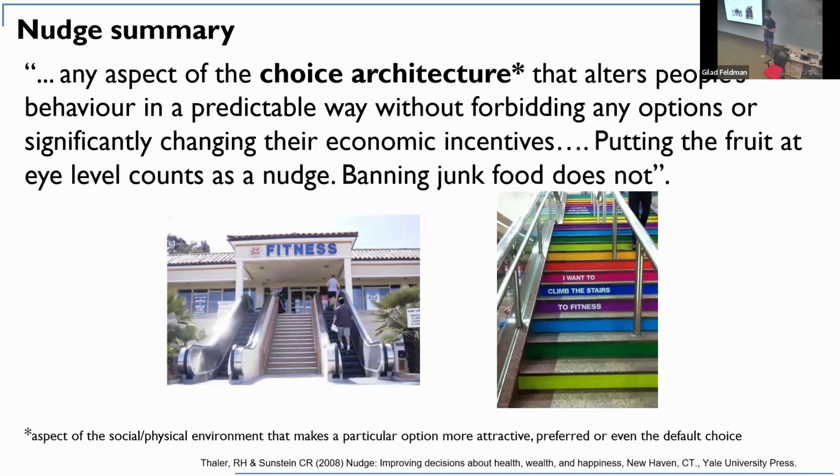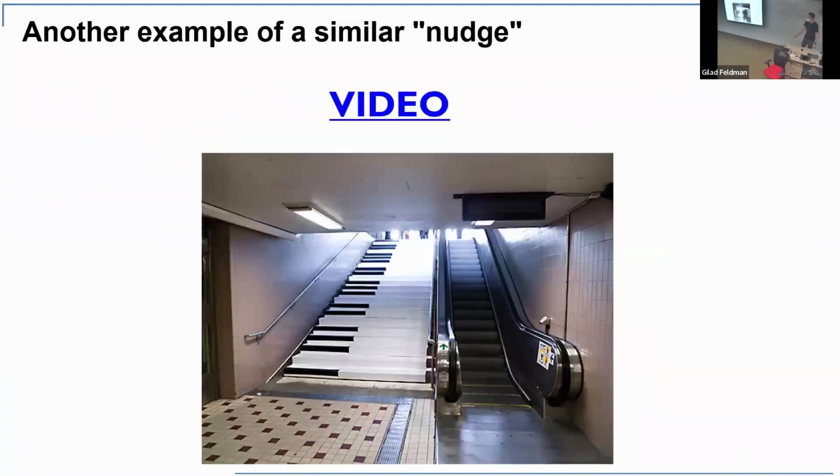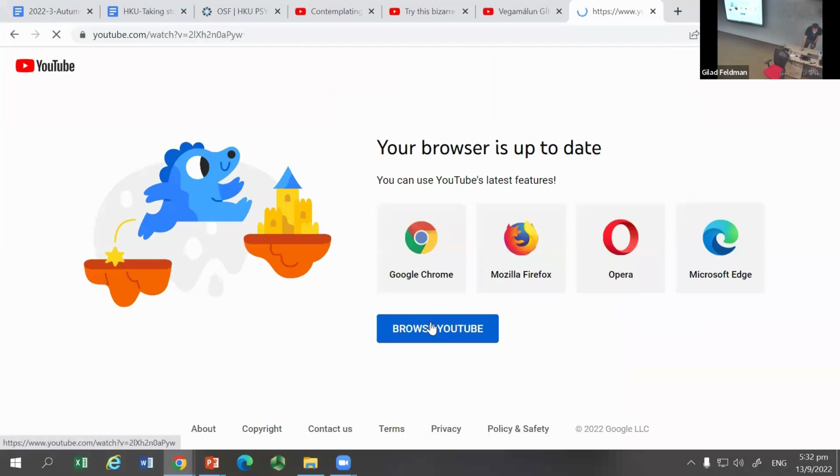But we'll have a discussion on this as well. Just to show you in this direction, also something with escalators is a nudge that builds on the notion of fun. I think over there you can ask many of the questions that you also ask about the traffic. Let's see how this works.